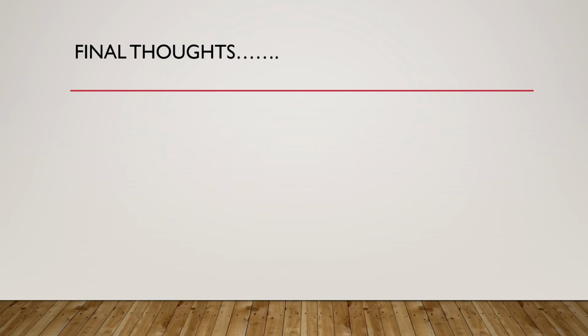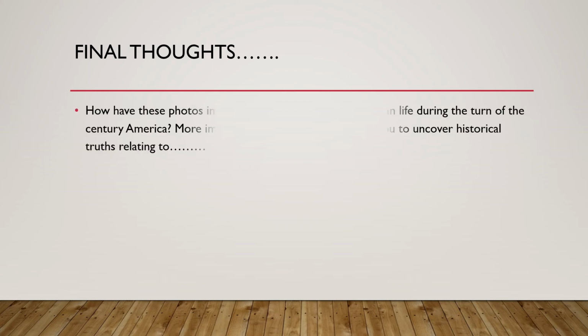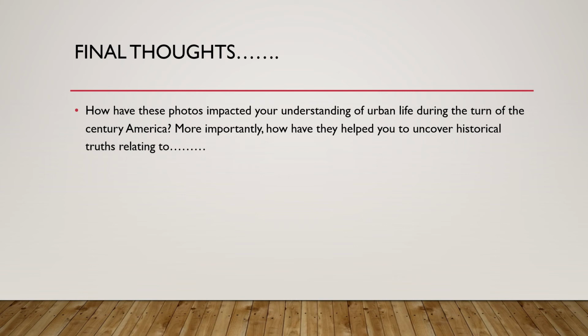So for some final thoughts after you've finished viewing these photos, and perhaps while you're even posting your discussion questions, these final thoughts are there to help students assess what they have learned. How have these photos impacted your understanding of urban life during the turn of century America?